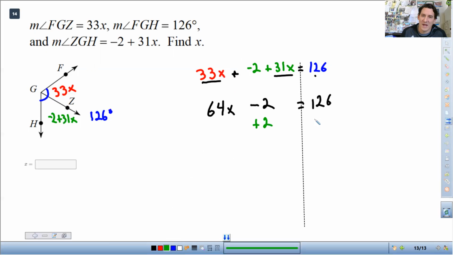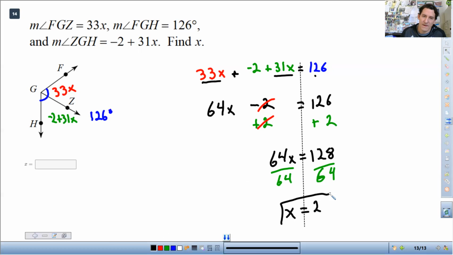Now I need to add 2 to both sides. That cancels out. I get 64x is equal to 128. And then divide both sides by 64. And I get x is equal to 2. And we are done.